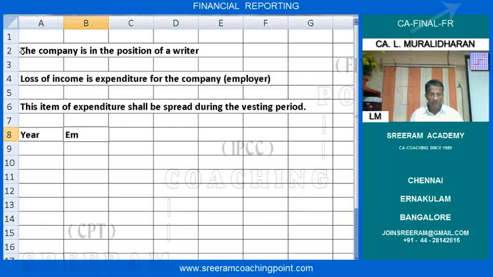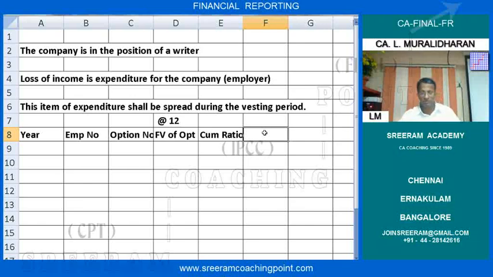So cumulative ratio, cumulative amount, then expenses recognized in each year.